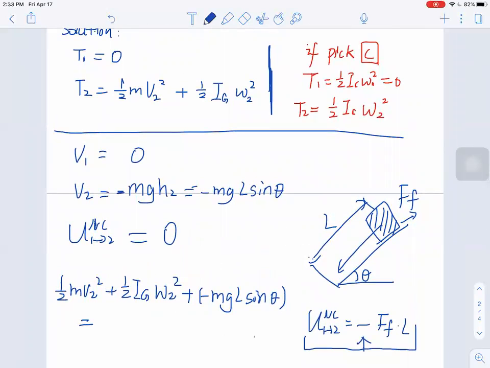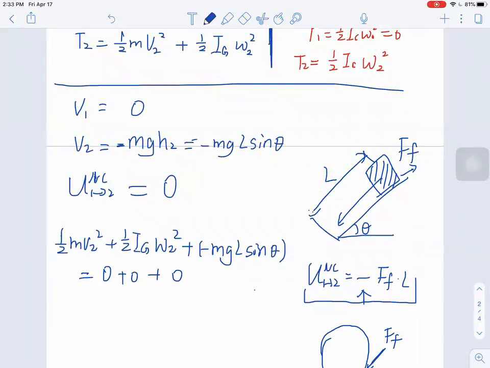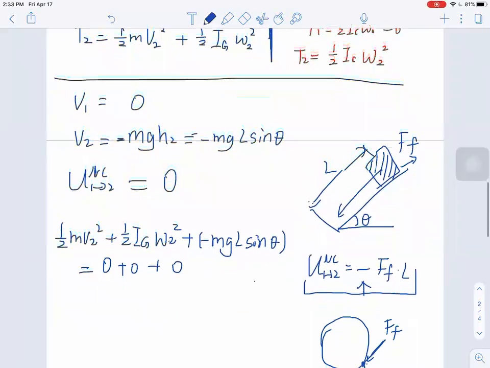Both T1 and V1 are 0, plus the work done from non-conservative forces, which is 0 as well. There we go. Now we have the full work energy equation.